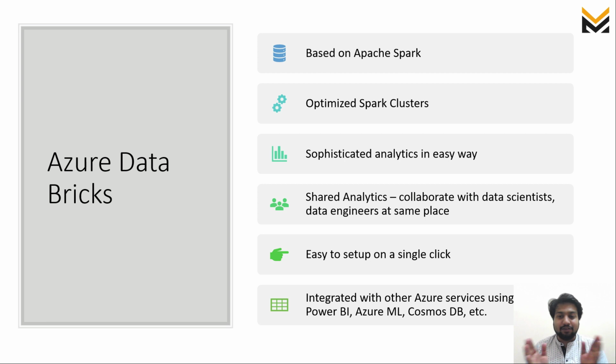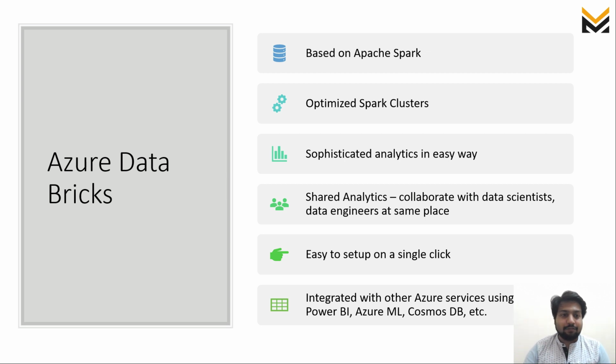Basically, it will provide a common data space for all the services like Azure ML service, Microsoft Power BI, and Cosmos DB. All of them will be saving their data in a common space in Azure Data Lake Gen 2, and Databricks can also access the same thing. I will be covering all that in depth in the next video, so do watch that.